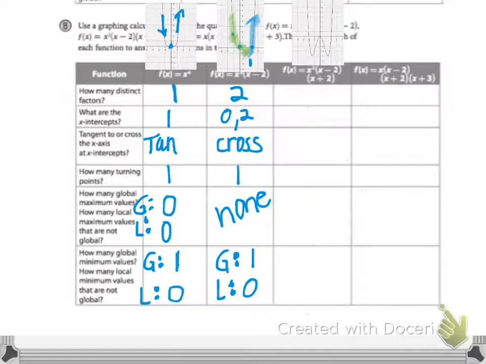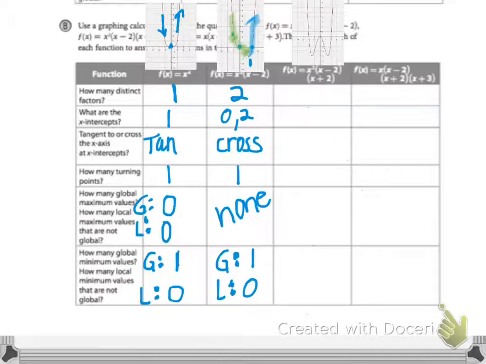So you can see that the more factors we have here, if we expanded this back out using FOIL and distribution, this would be a more complicated polynomial function. But the degree is going to be 4, because if you have an x squared term, an x minus 2 term, and an x plus 2 term, and you multiply that out, the highest degree term would be x to the 4th.